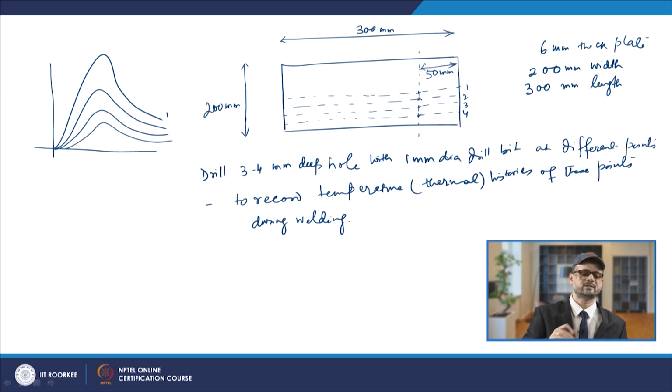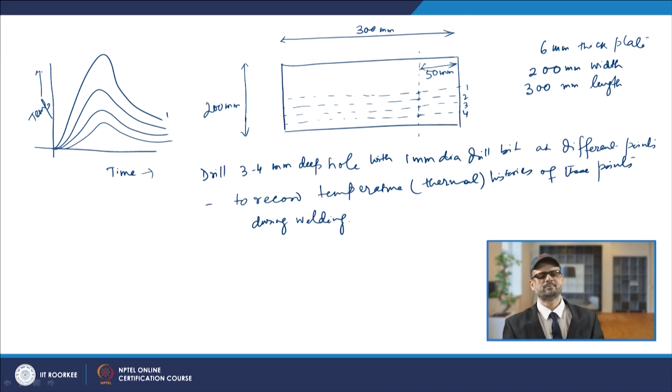Once you get these values, then on this axis you will have time, and on this axis you will have temperature. As time proceeds, you will see that the temperature initially increases, and then finally it decreases.